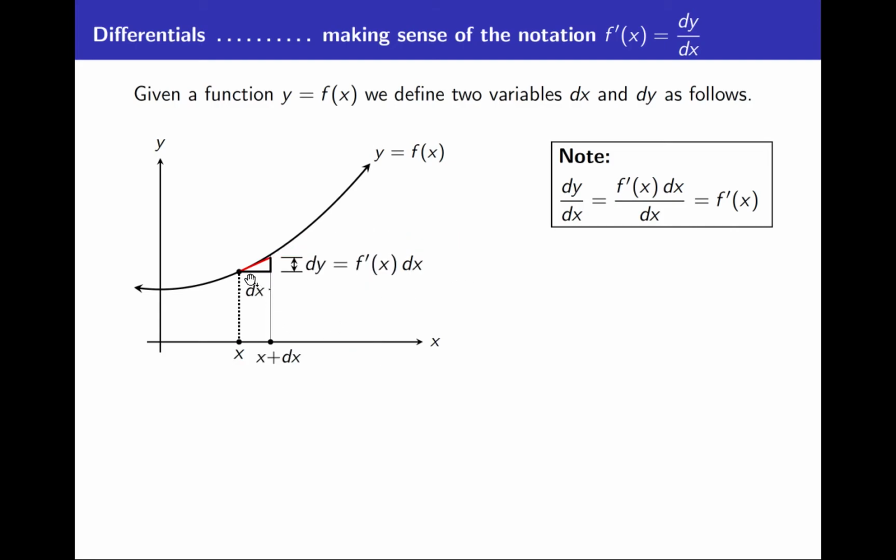We usually think about dx as being a fairly small quantity, or sometimes a very small quantity, so consequently dy is small as well. You think of that triangle as being very small. But the way it's set up, dx could be any value that you wanted it to be, and dy is f prime of x dx. So this triangle could have all kinds of sizes.